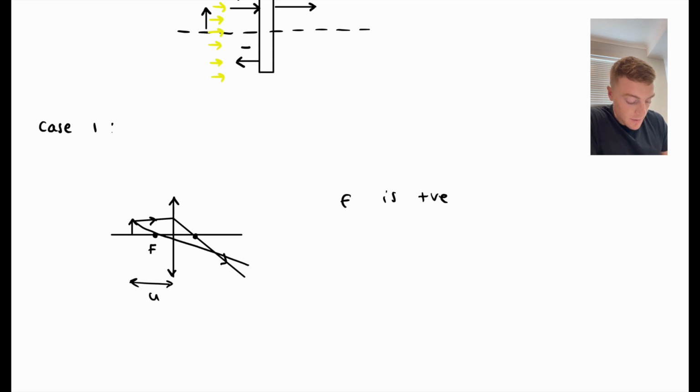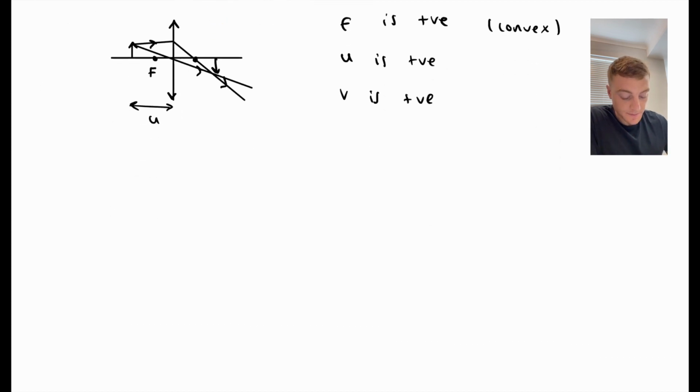So again, I'll draw my parallel ray and my ray through the center. Okay, so I've got a real image. My focal length is positive because we've got a convex lens. The natural path of light is to the right, so my u is positive. And then my image is also formed by light that touches that point that's also moving in the natural path of light. So v is positive. So all three things are positive.